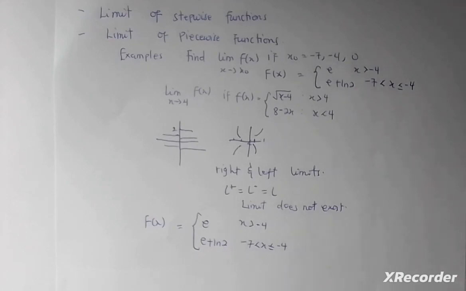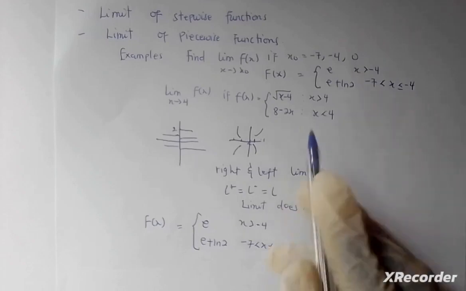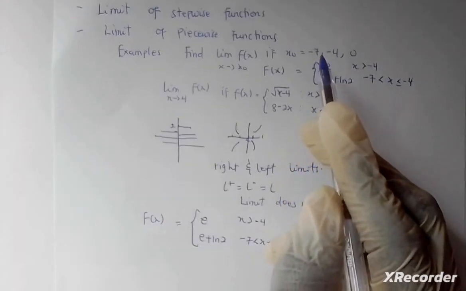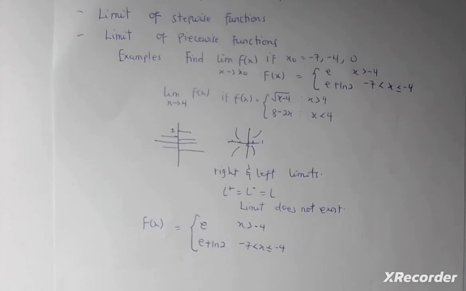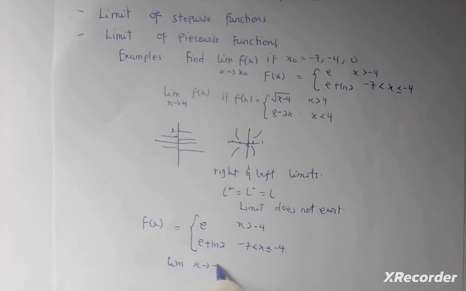And we've been asked to find the limits as x approaches negative 7, as x approaches negative 4, and as x approaches 0. So first, let's take limits as x approaches negative 7.